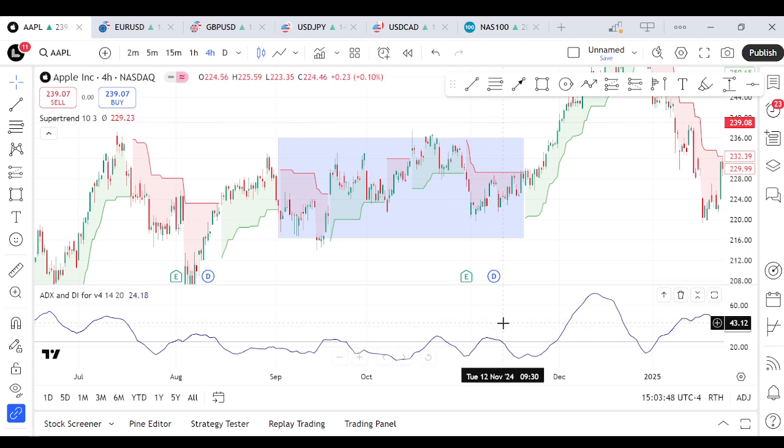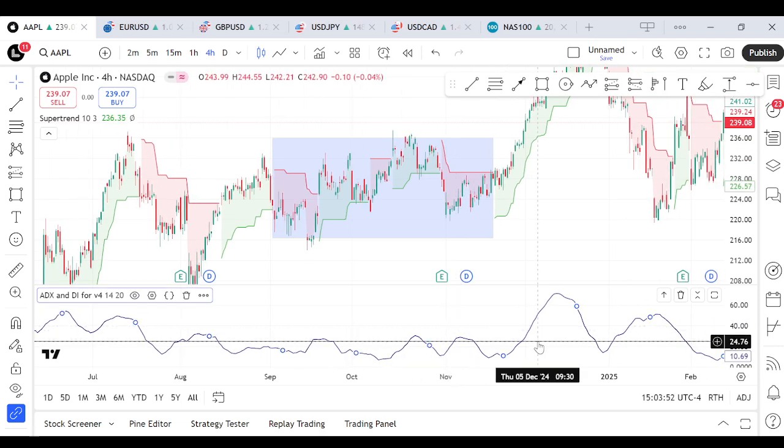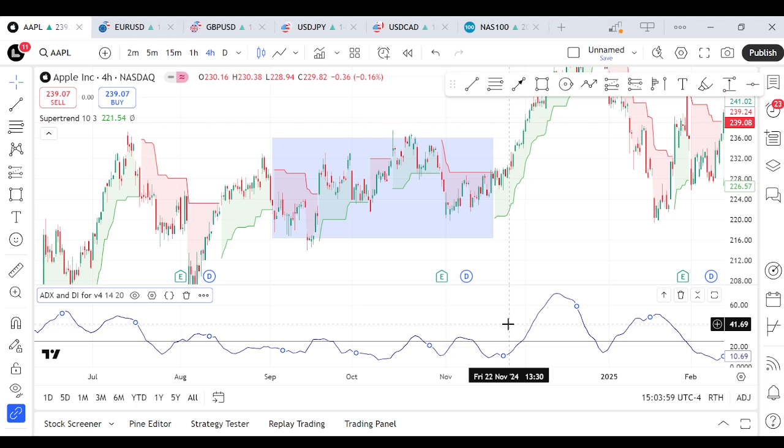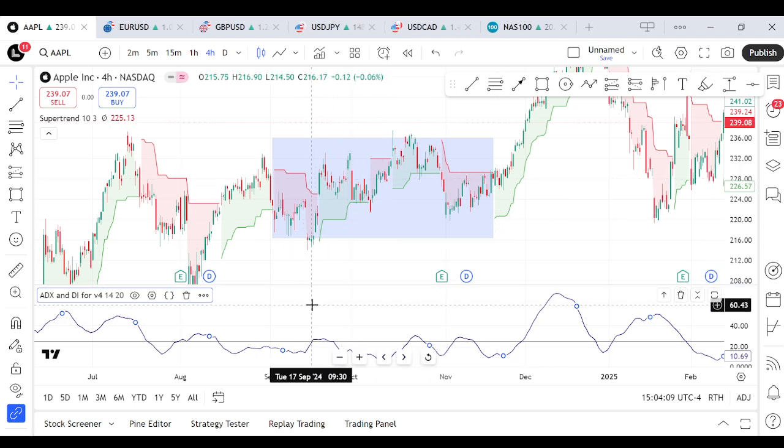Generally speaking, an ADX reading above 25, which is this line here, suggests that the market is experiencing a strong trend, either bullish or bearish, while values below 25 typically indicate weaker trends or sideways markets.